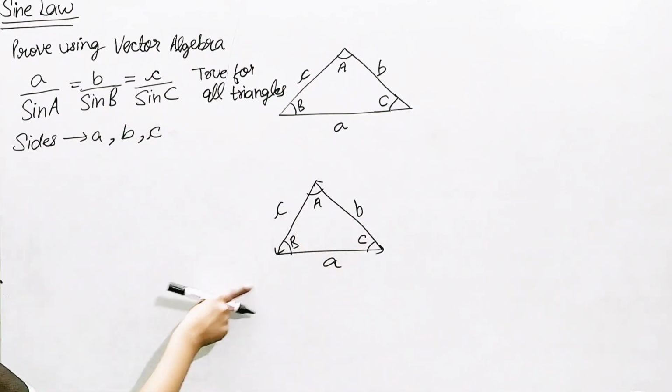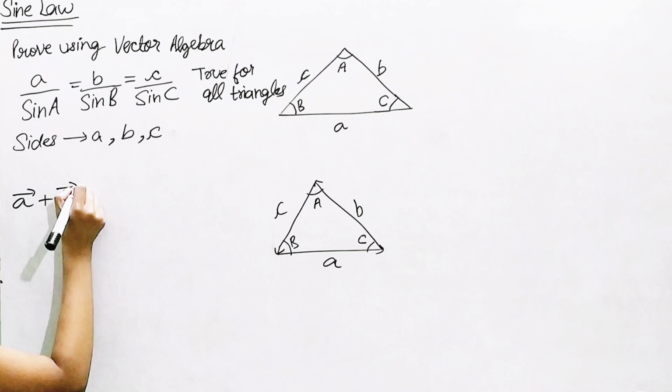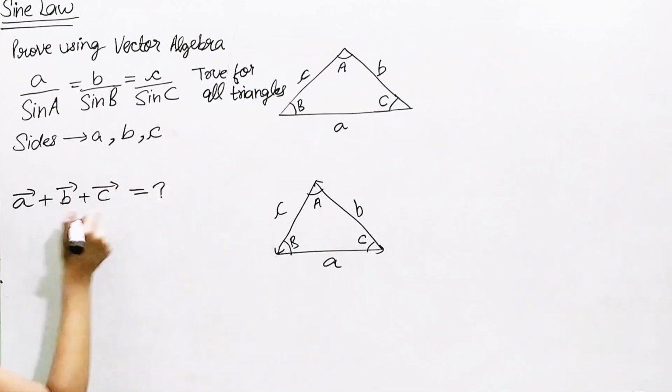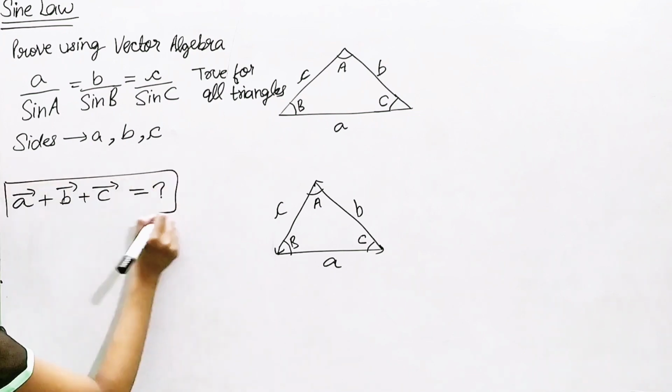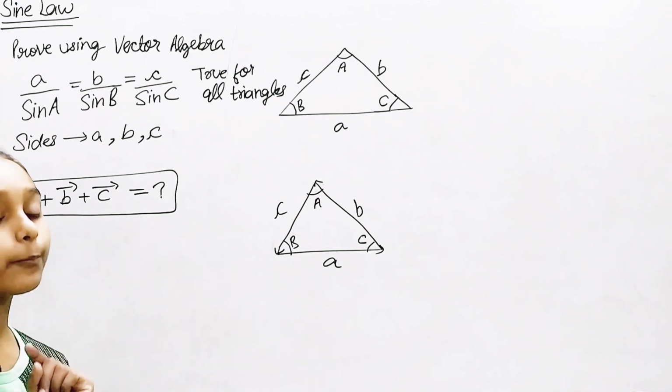First of all, we have to find what will be the sum of vector A plus vector B plus vector C. As you all know, to add more than two vectors, we use the polygon law.